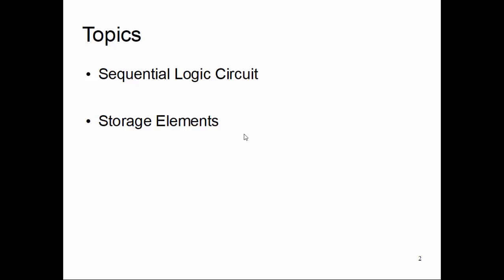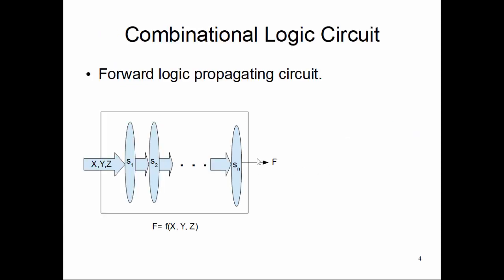So, sequential logic circuit, let's discuss the concept of it. Combinational logic circuit, as we have seen in lecture 6, you can think of as a kind of forward logic propagation circuit.